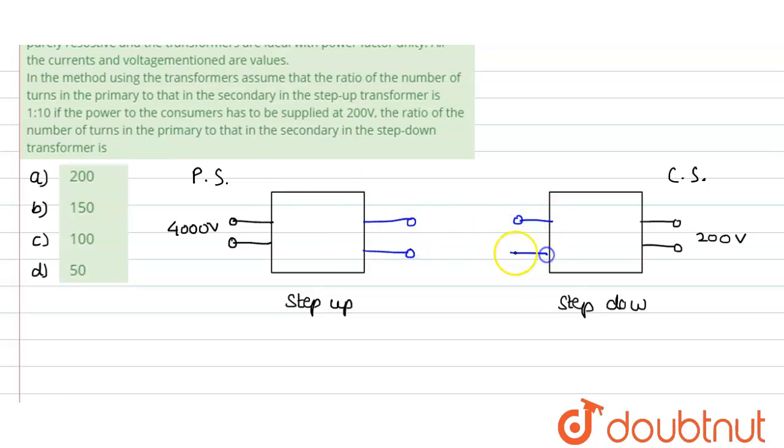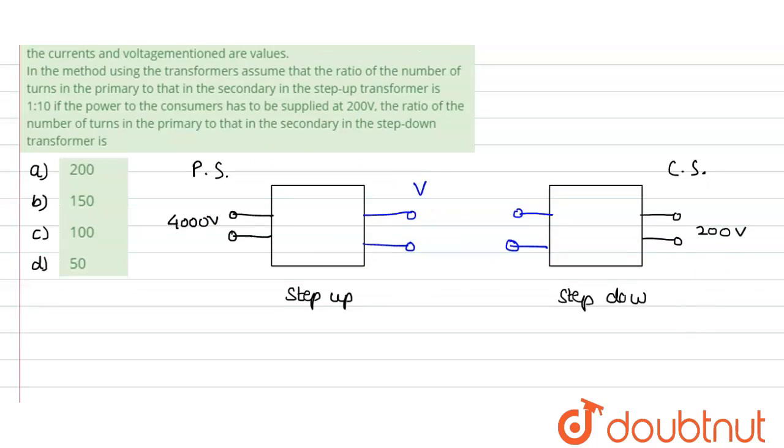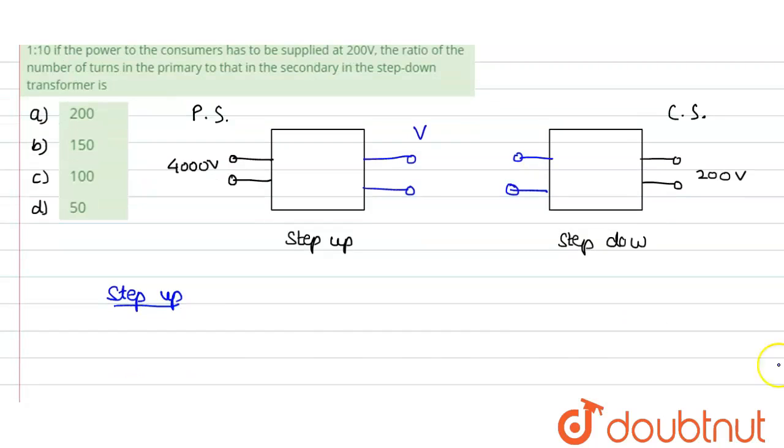So first of all, we will be calculating what is the output for this part. We call this our potential V. Now this would be our primary side for this part, and this would be our secondary. So for our step-up, the ratio of the number of turns in the secondary to the number of turns in the primary would be equal to Vs upon Vp.